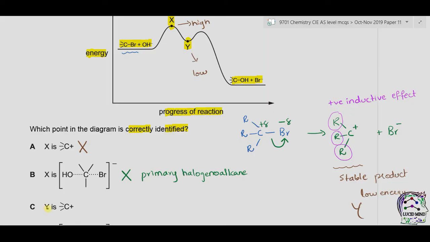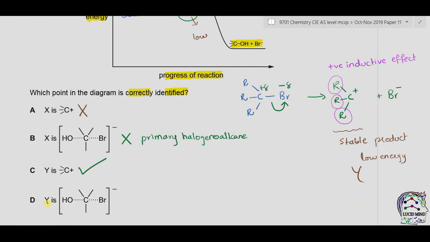In C, it is given that Y is the carbocation. Now as Y is at low energy, this should be the correct option. In D, Y is given as this transition state. Again, this is incorrect because this is for primary halogenoalkane. The correct answer is therefore C.